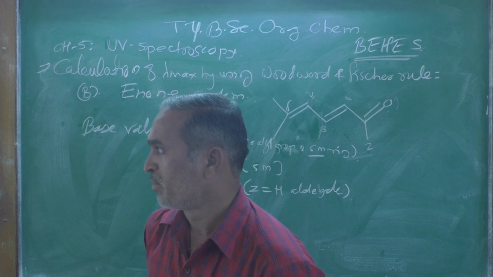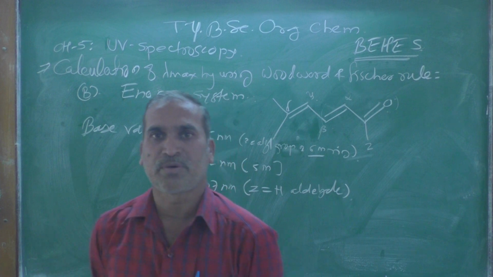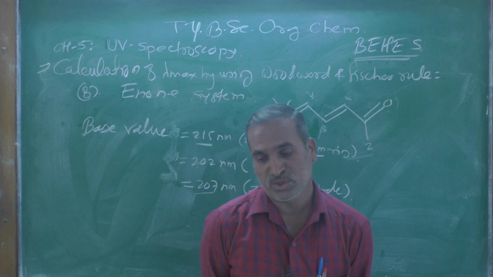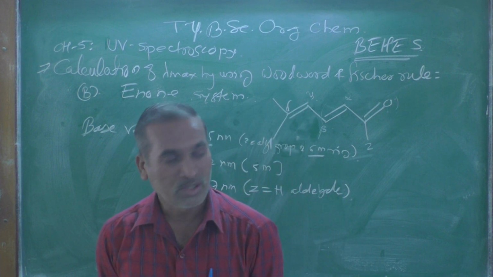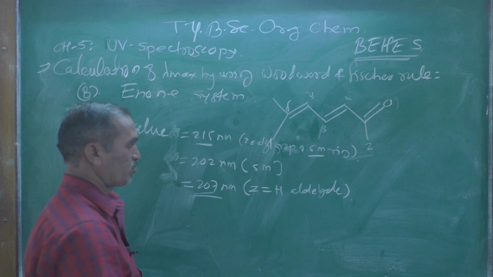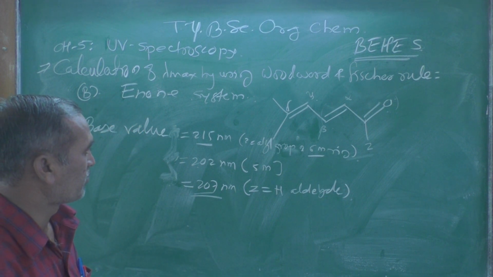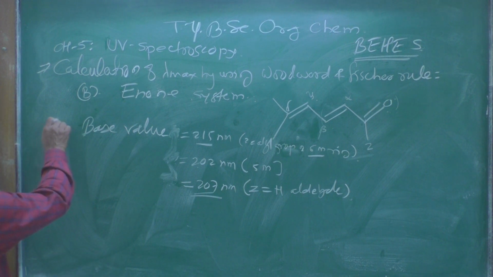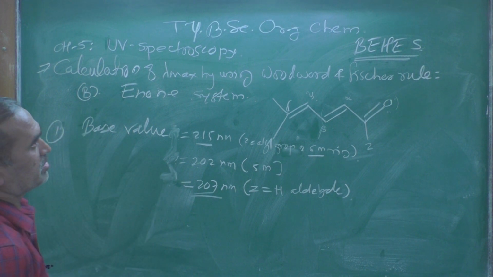So if such an aldehyde enone system is present, you take the base value as 207 nanometer. That's it. This is the first one. There are 3 values you should consider.